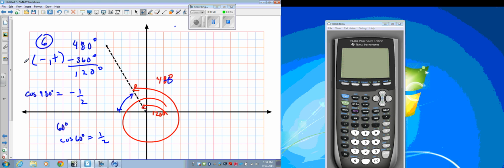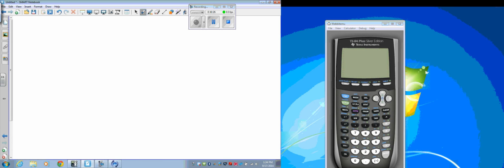So let's look at, Chris Jensen, do 13 on the next page there. All I really care about is that you get sine and cosine.